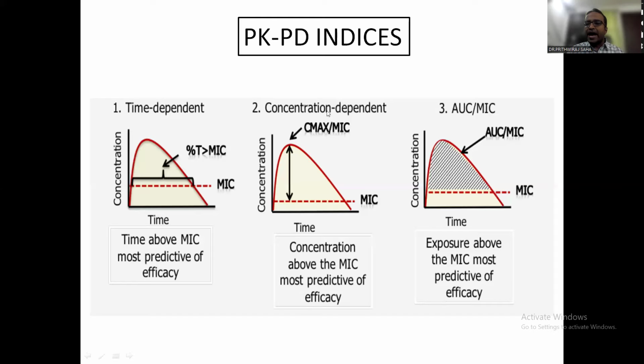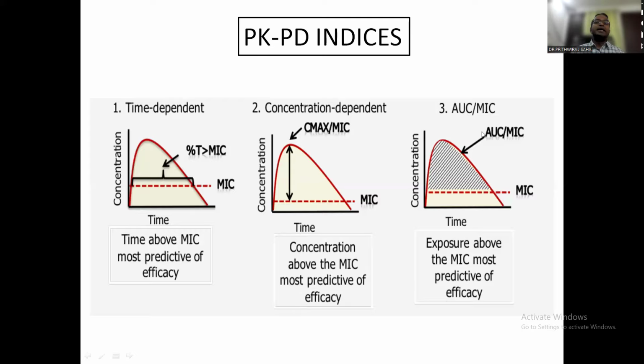So they are measured by Cmax because you need the peak concentration. The peak concentration is known as Cmax, or concentration maximum, divided by MIC. It should be at least 8 to 10 times. So this drug needs a high concentration.